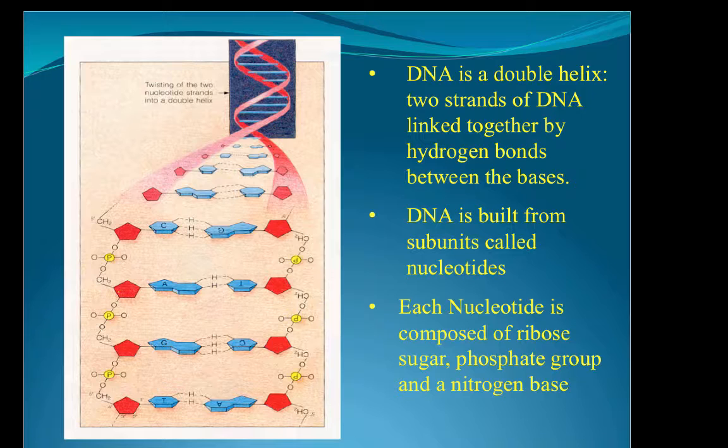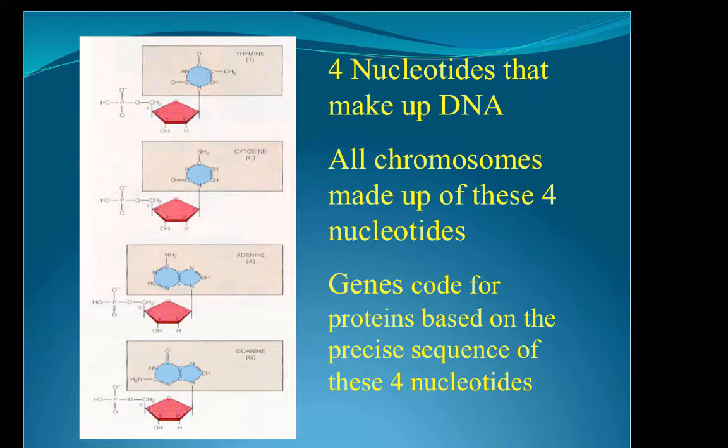These nucleotides are composed of three major components: a ribose sugar, a phosphate group, and a nitrogenous base. The four nucleotides that make up DNA are thymine, cytosine, adenine, and guanine, or A, G, C, and T. These nucleotides are organized in DNA and create the genetic code for proteins based on precise sequencing.